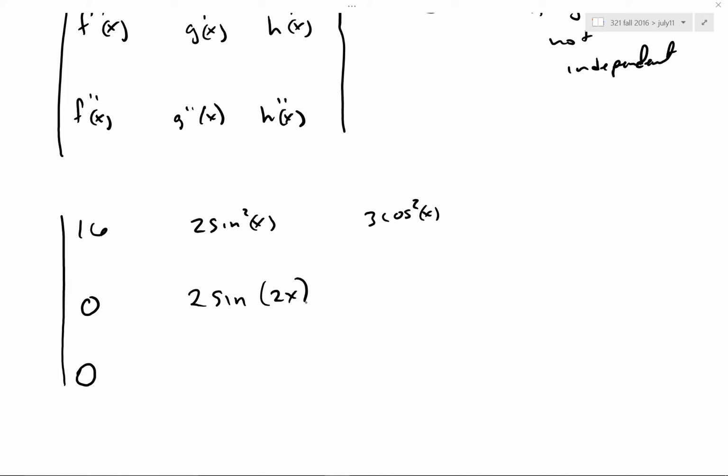I'm going to write negative 6 first, sine x cosine x. Hey, that's sine x cosine x. I can pull a 2 with that, so I get negative 3 times 2 sine x cosine x, which means I have negative 3 sine of 2x, yeah? Is that true?